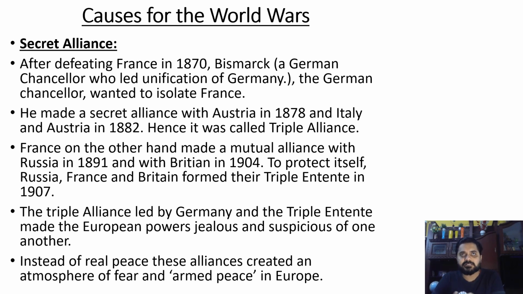So there was a tough competition between these two groups, and these two groups created a lot of insecurity and a feeling of jealousy and suspicion among the other European nations. Because of the secret alliances among the different countries, so much tension and fear was created in the entire European continent, which was also one of the reasons for the cause of world wars.